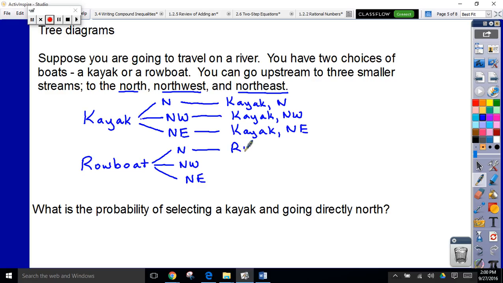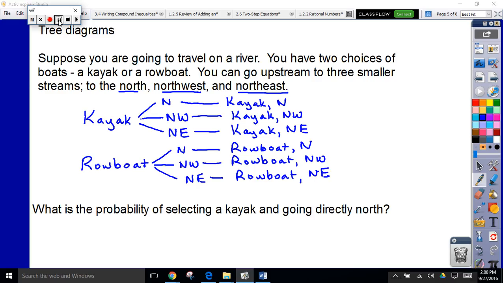I could be in a rowboat going north. I could be in a rowboat going northwest. And I could be in a rowboat going northeast. Okay, so these are all of the possibilities. This is our sample space, our list of possible outcomes.